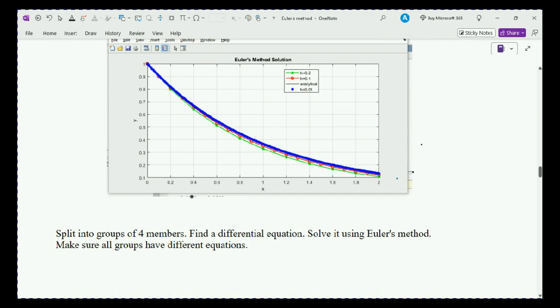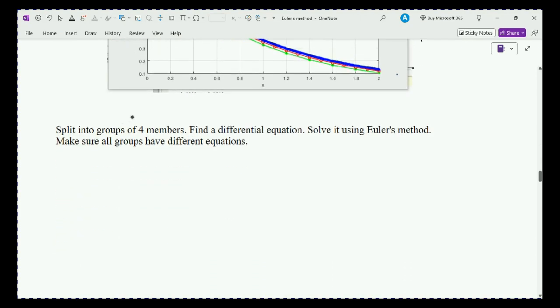Now, as usual, you can split into 4 groups, find your own differential equation and solve it using Euler's method, and make sure that all 4 groups have different problems. The fourth group will have 5 members, right?